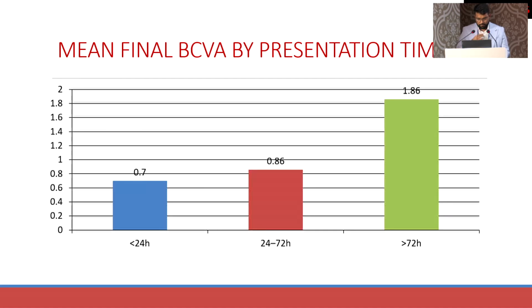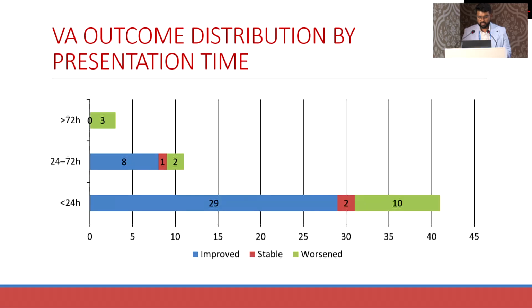So the mean final best corrected visual acuity on the basis of presentation time varied greatly, as the patients who presented earlier had a better prognosis on the logMAR value as compared to the patients who presented late. And the patients who were presenting early showed more amount of improvement, as we can see on this graph, as compared to the patients who were presenting late.